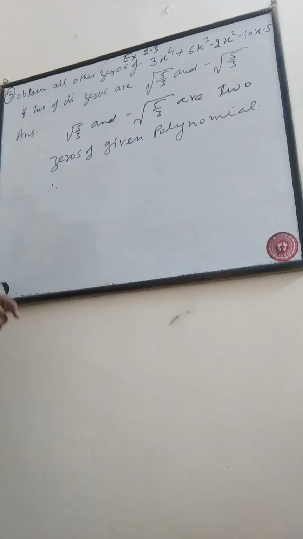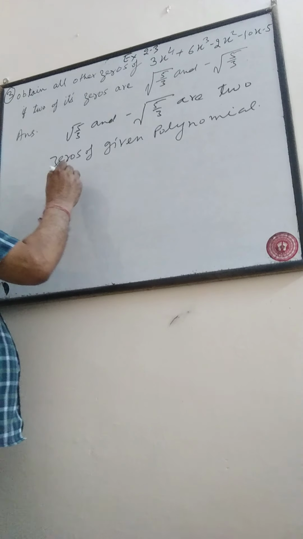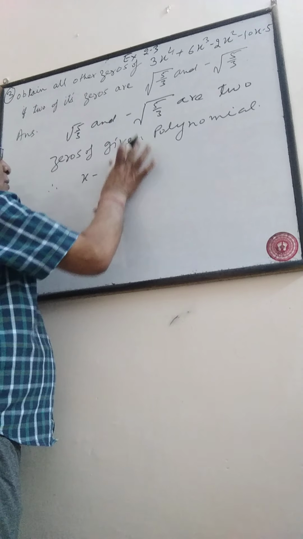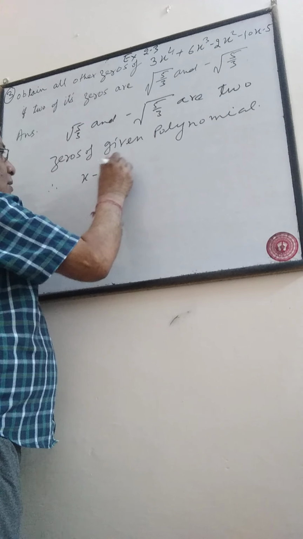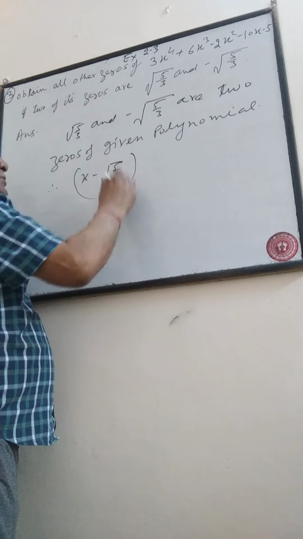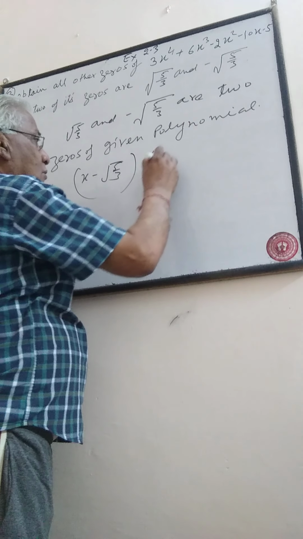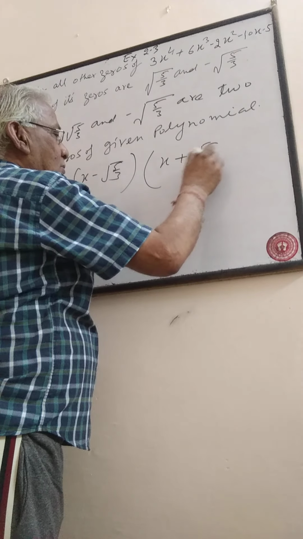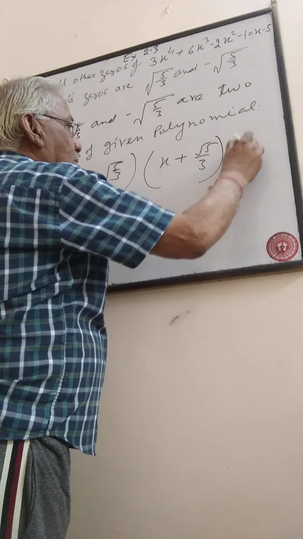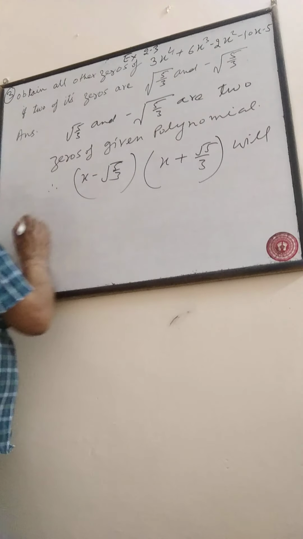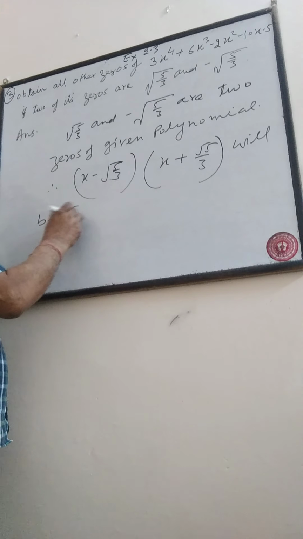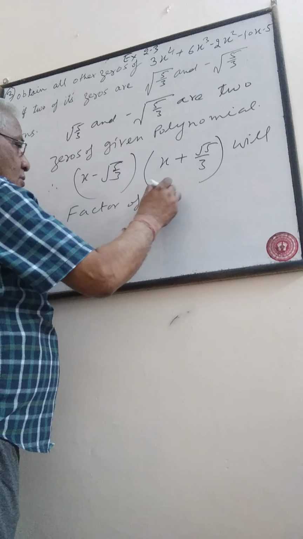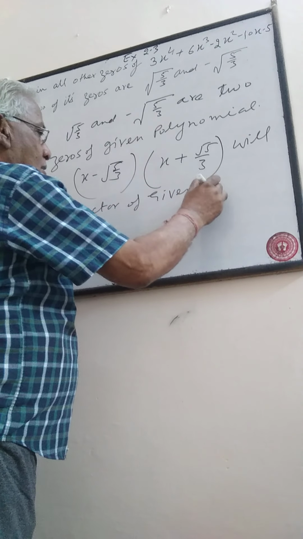You see, x minus root 5 upon 3, that is x minus the first zero, into x plus root 5 upon 3 will be a factor of the given polynomial.